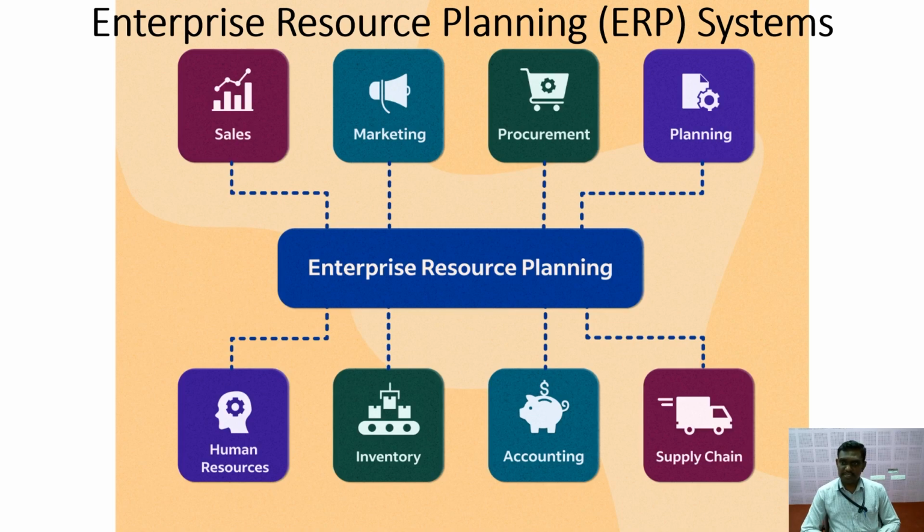And the next one is the ERP system. We have already learned about that. ERP system includes sales, marketing, procurement, planning, human resources, inventory, accounting, and supply chain. So these are the things included in the ERP. While we are using the computer, we can easily do the sales.